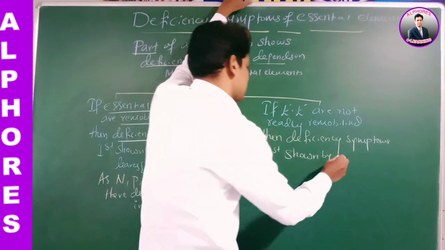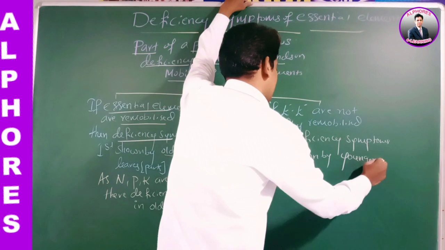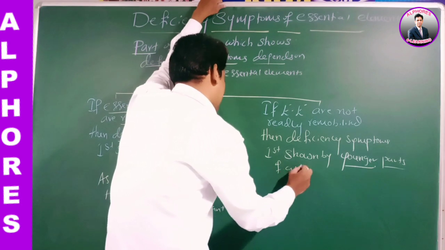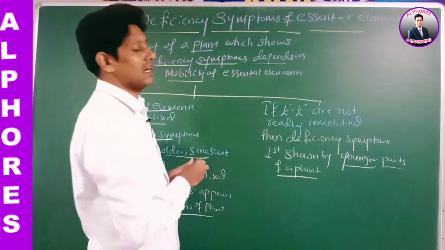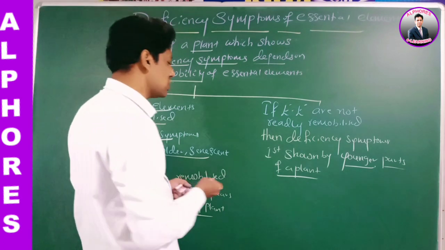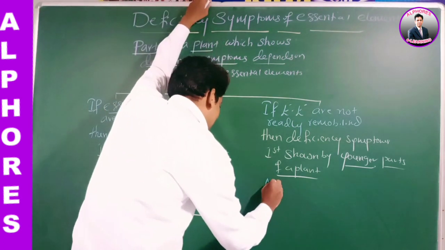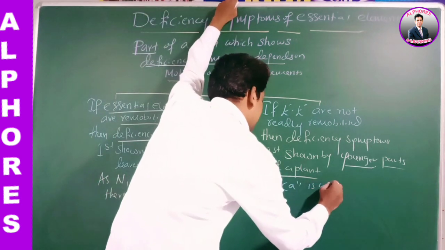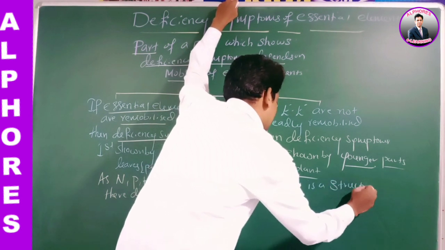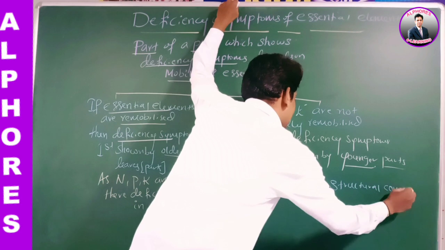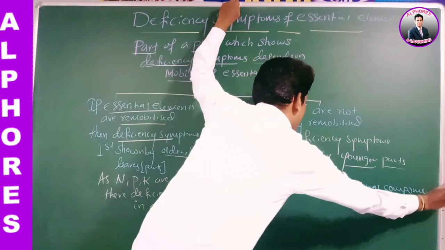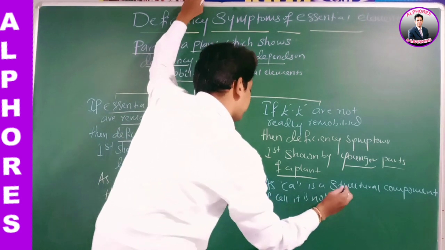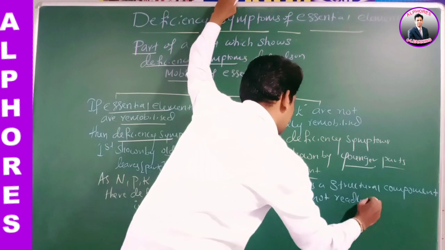Deficiency symptoms are first shown by which parts of a plant? Younger parts of a plant. As calcium is a macro element and a structural component of the cell, it is not readily remobilized.